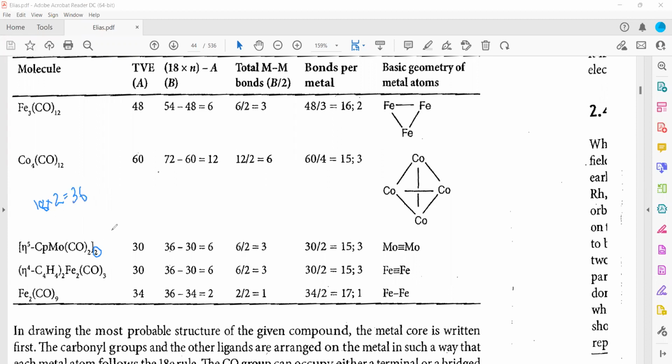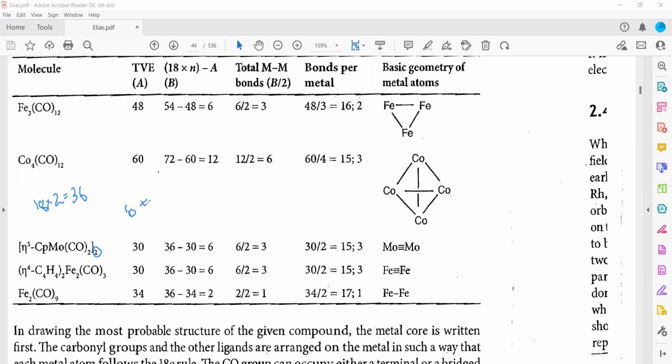And you need to count the valence electron. So how many valence electrons? We are calculating it for this one, and then we multiply by 2. So molybdenum is 6.